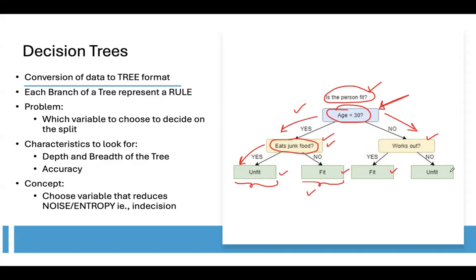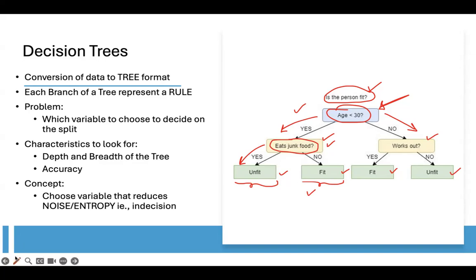In this case, you ask just two questions, and the answers to those two questions lead you to the final answer, which is whether a person is fit or not. So this is representing rules. The rules are represented in the form of a tree, and because you are deciding based upon this tree, you call it a decision tree.